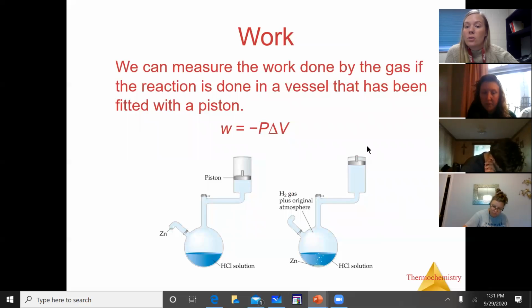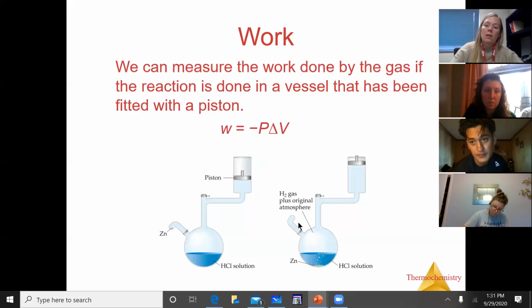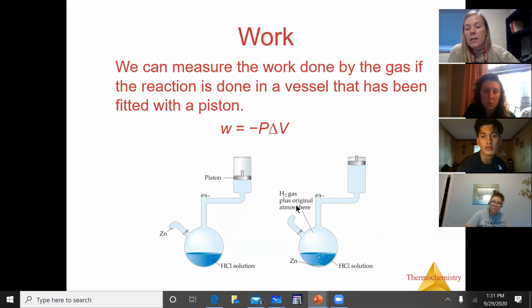So it'll be a negative value. That's why there's a negative there, because the system is losing some of its energy through work, by pushing the piston out. So the greater the volume, let's say we produce more gas, the more work that will be lost by the system.